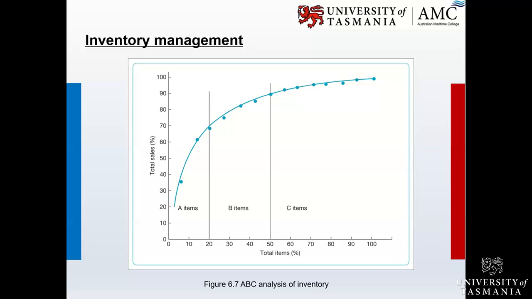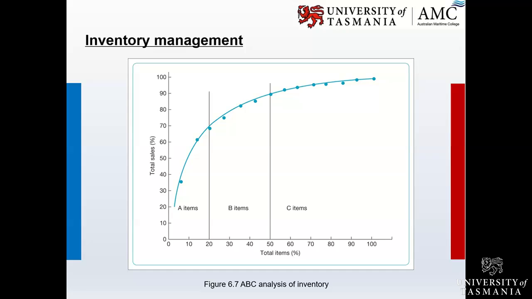So 20% of items contribute to total sales with a percentage of about 65%. And the next type is B items.